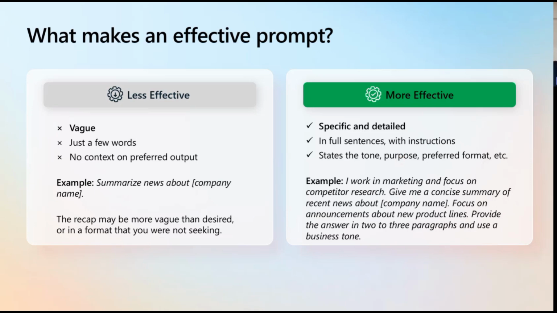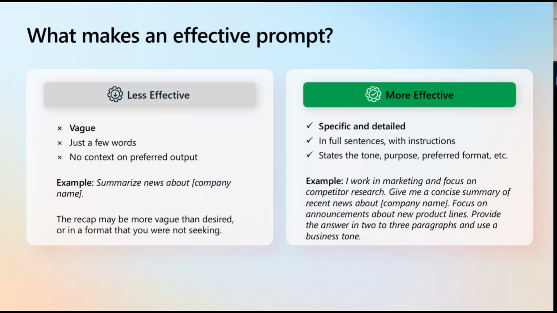So when communicating with Copilot, it is very important to state what you want. Be specific, be detailed in your prompts to get the best results. It's very important to be detailed.